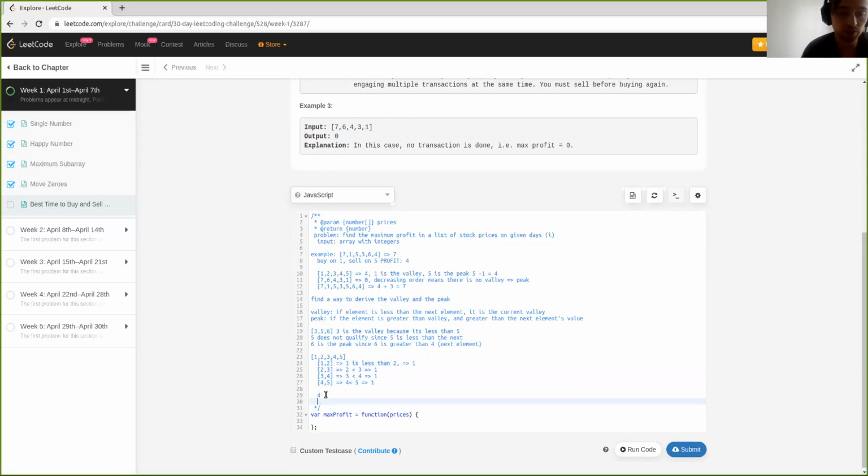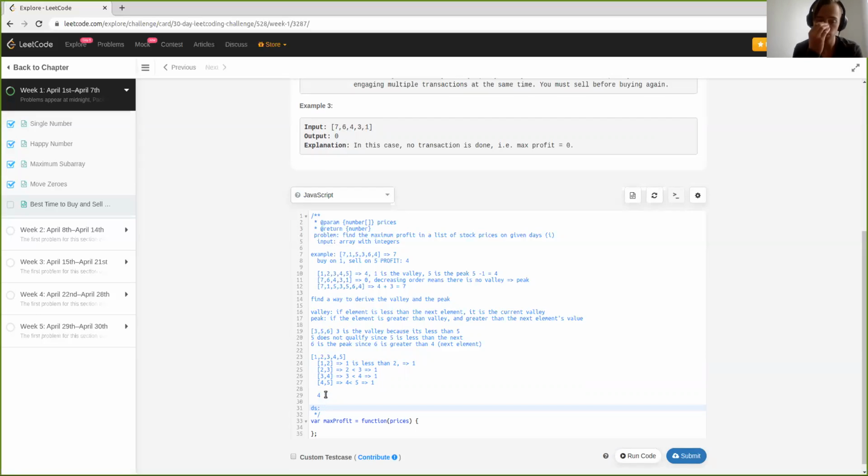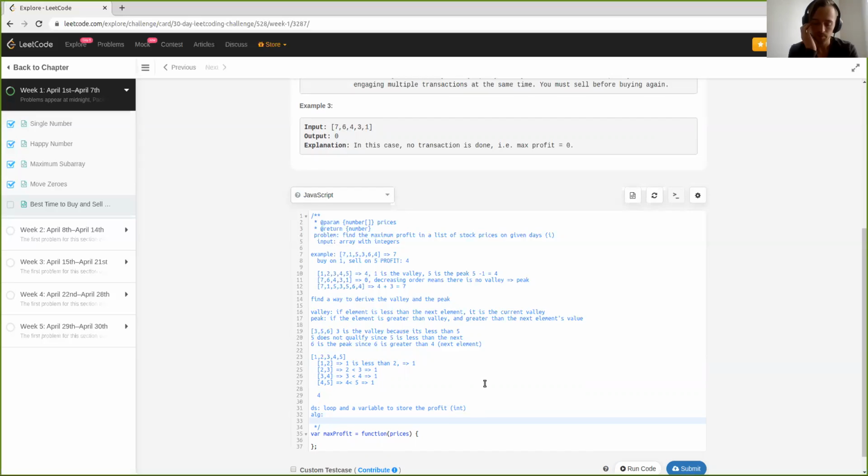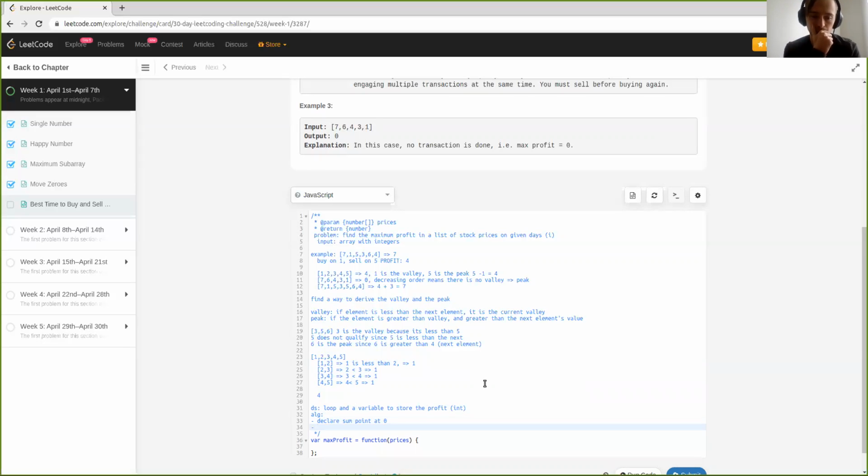So it looks like we can do this in 2 different ways. Data structure, we can just do this with a loop and a variable to store the profit integer. Our algorithm is: declare sum, set it to 0, and let's start our loop.